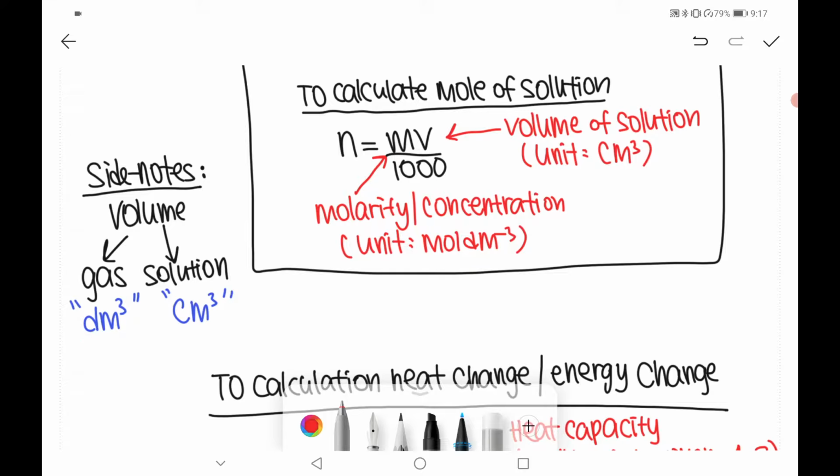But if you want to find the volume of a solution, a liquid, we use cm cube. This is very, very important: volume of gas, dm cube; volume of solution, cm cube. Please be very careful with the unit here.